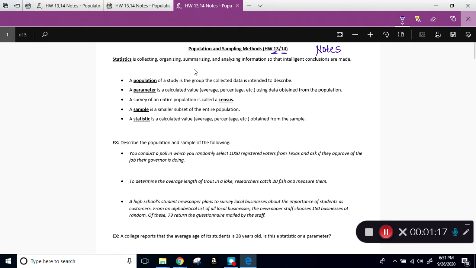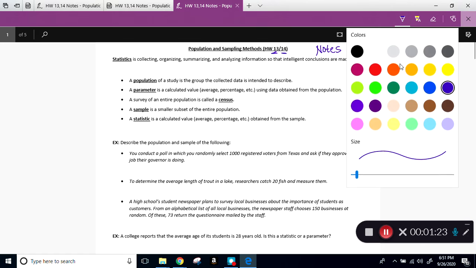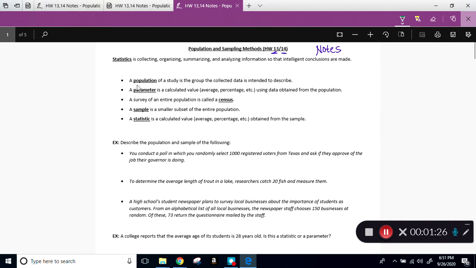Okay, so we're going to go over some of these buzzwords that you're going to need to know. So a population of a study is the group that the collected data is intended to describe. So it could be maybe all Americans. Maybe they're wanting to describe a tendency Americans have.